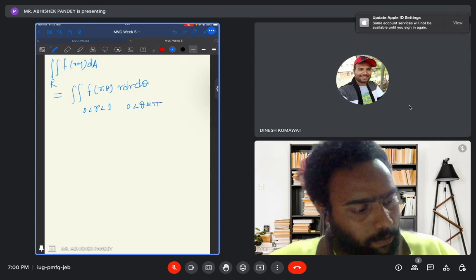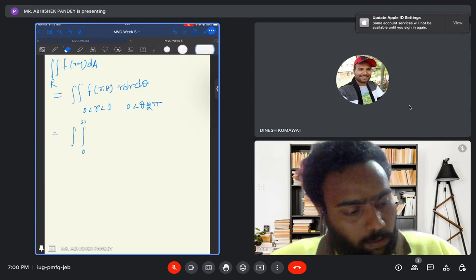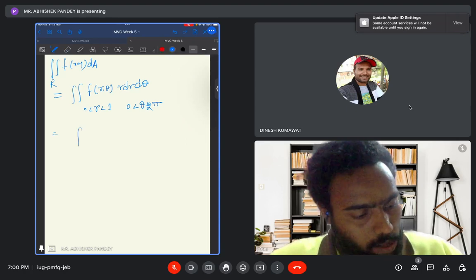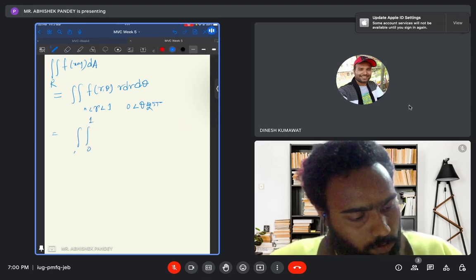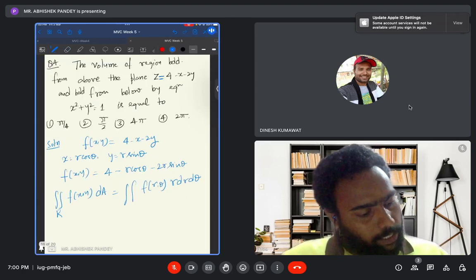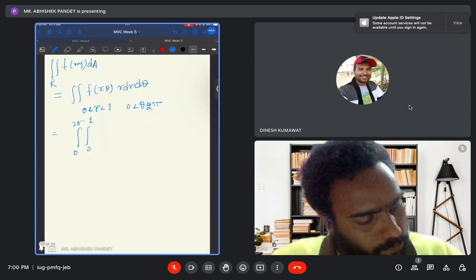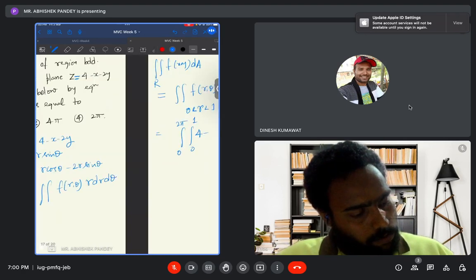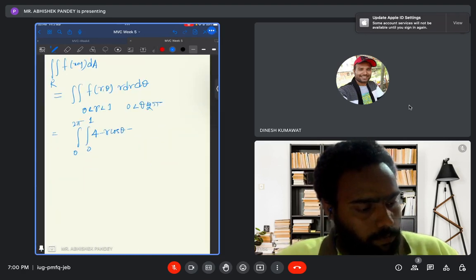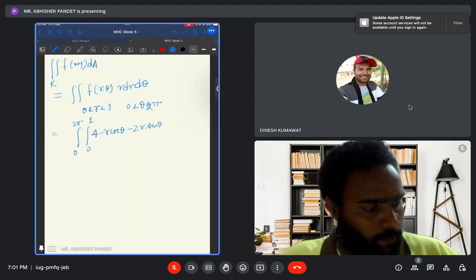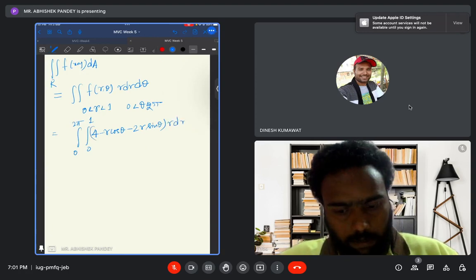So r is from 0 to 1, theta is from 0 to 2 pi, and your f of r comma theta is basically 4 minus r cos theta minus 2r sin theta, into r dr d theta.